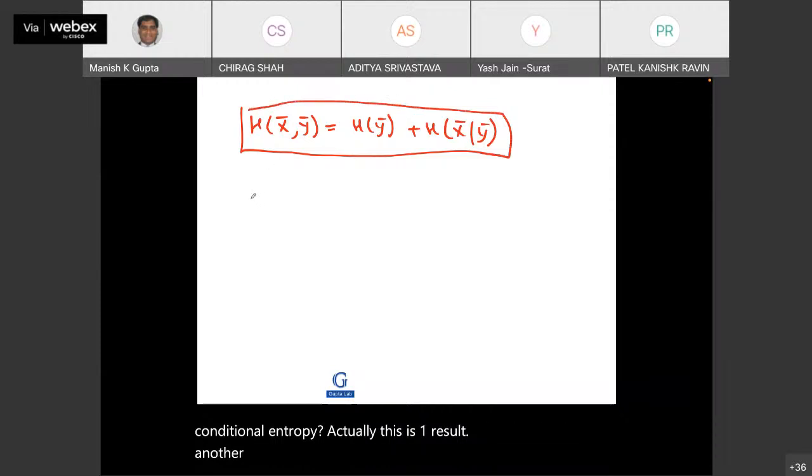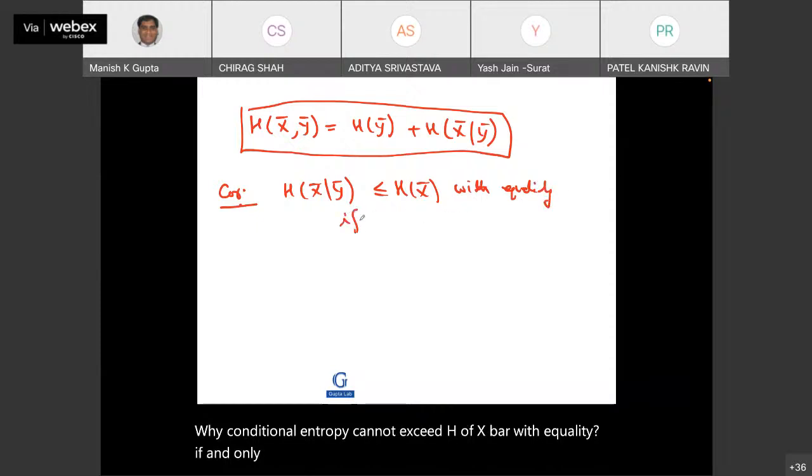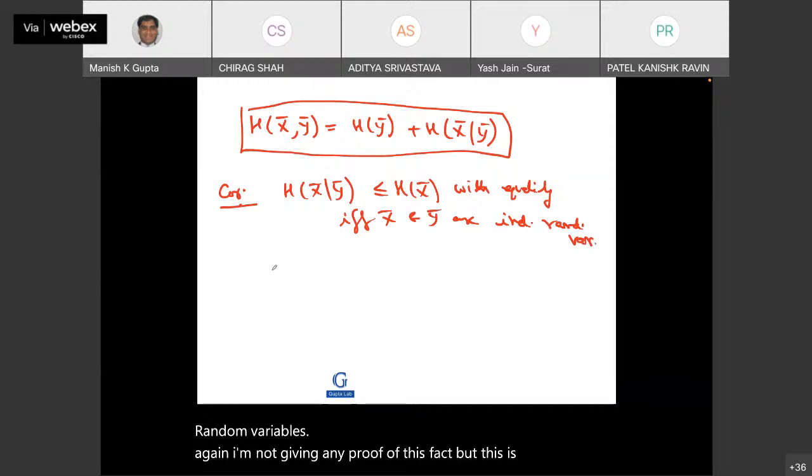Another result, kind of a corollary of this result, is that the conditional entropy H(X|Y) cannot exceed H(X), with equality if and only if X and Y are independent random variables. Again, I am not giving any proof of this fact, but this is just a corollary to this.